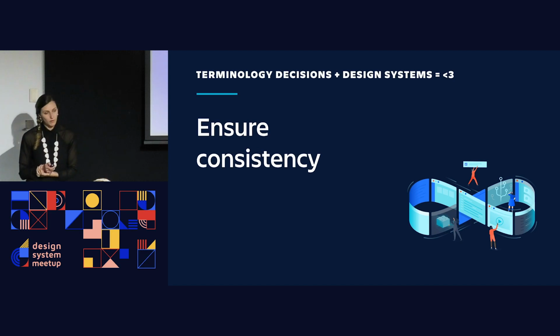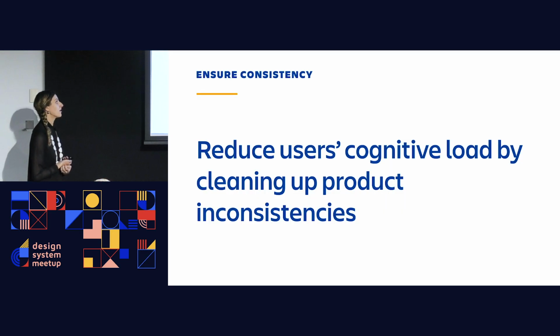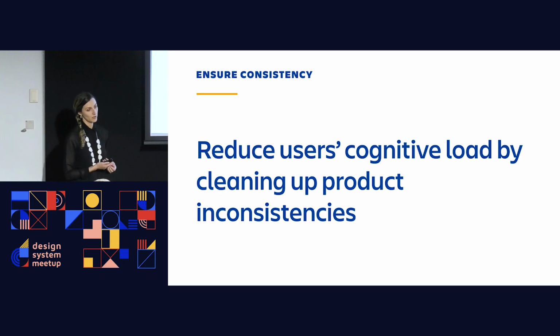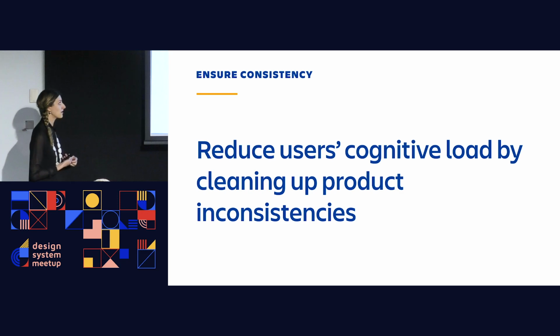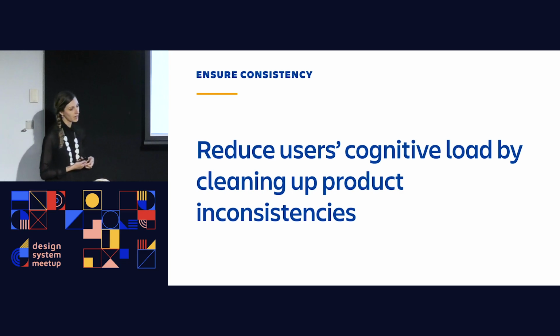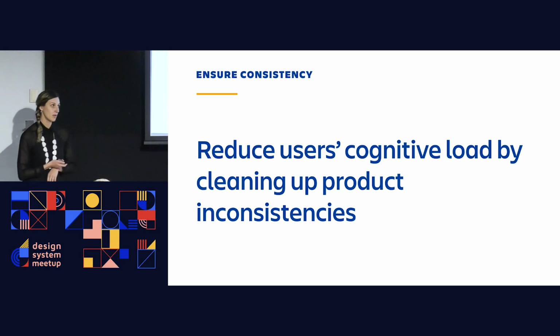So what we found is using an argument more like this. So inconsistent terminology can actually increase change aversion and increase cognitive load in your products. And another way of thinking about this is often if you have a mobile and a desktop version of your app, you try to reduce cognitive load by making those experiences quite seamless. The same thing goes for terminology decisions.